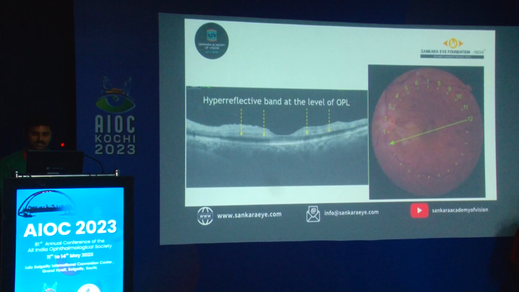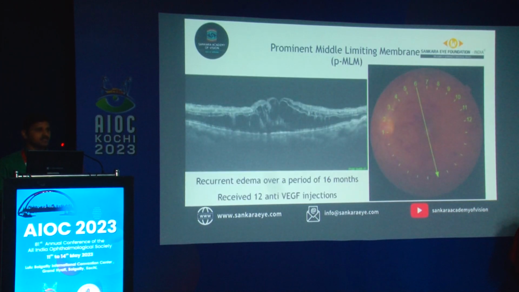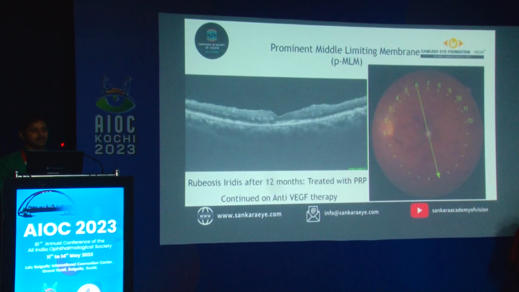This hyperreflective band is termed the prominent middle limiting membrane. So why do we need to know this? This case later developed recurrent edema over 16 months, received 12 anti-VEGF injections, also developed rubeosis iridis after 12 months, and was treated with PRP and continued on anti-VEGF therapy.